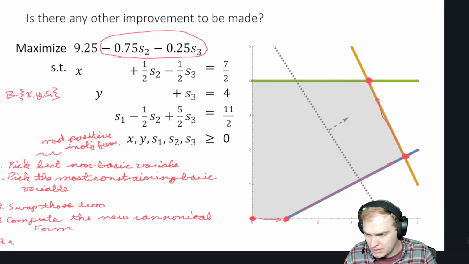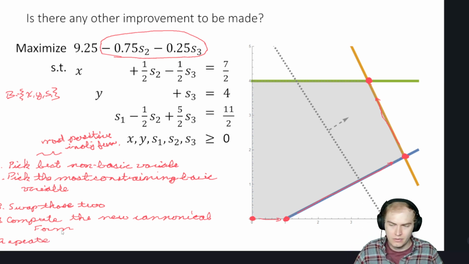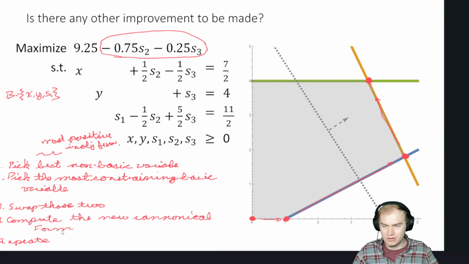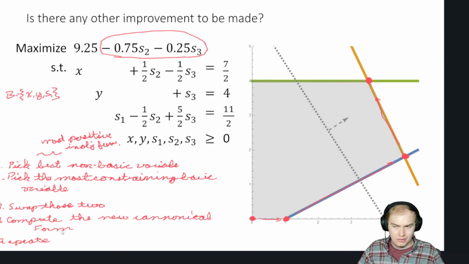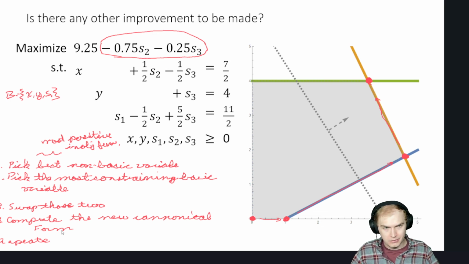And then repeat. Repeat until there's no more positive value in the objective function. That's the simplex algorithm. And it's hard. There's a lot of pieces to remember, lots of things floating around, but hopefully tomorrow we will make that a little easier, a little less to remember.